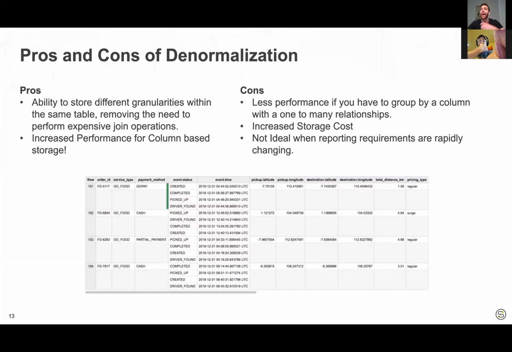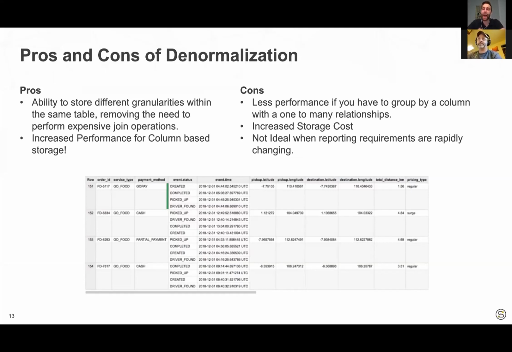But if you've targeted that from the design point of view, to make sure you're not going to have a ton of one-to-many relationships because you stored those aggregations ahead of time, then that might not be as much of a con. It does have an increased storage cost because you're going to have columns with tons of repeated values in them. But you're really gaining performance from the increased storage costs. So that's a trade-off there.